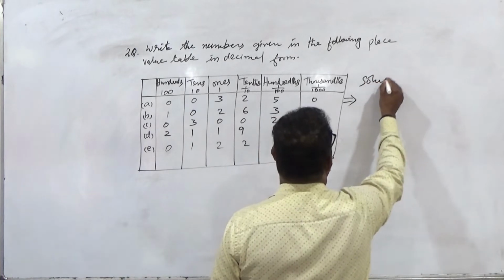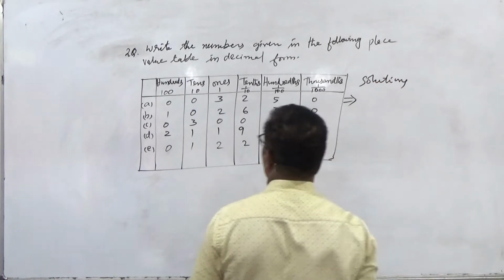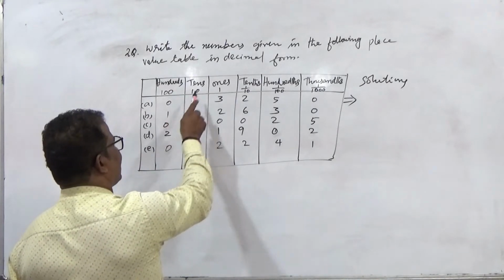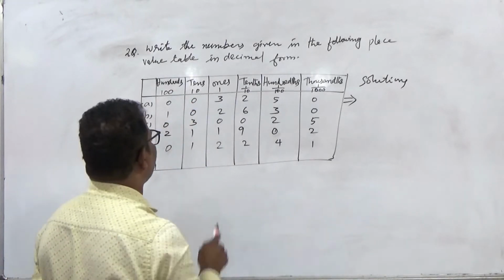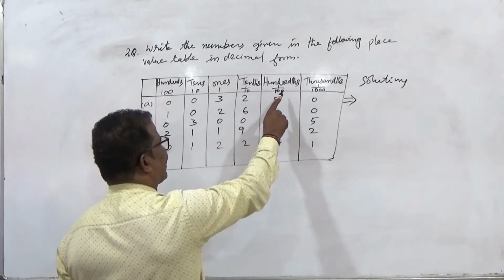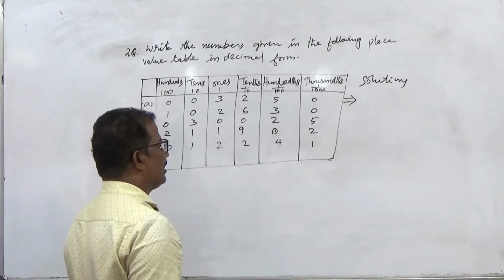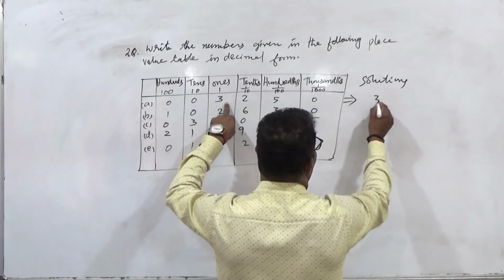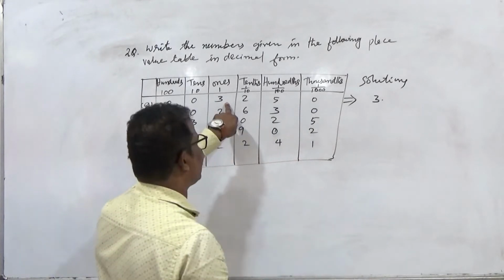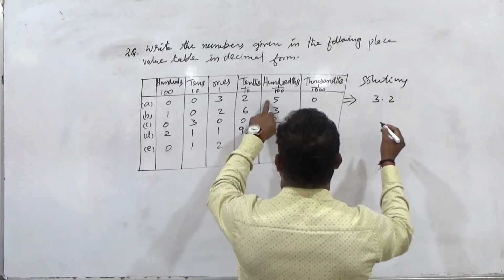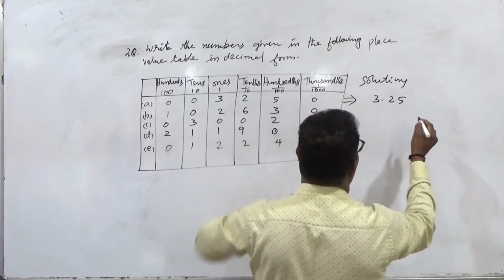So the solutions for A. Hundreds, nothing is there. Tens, nothing is there. Ones, 3 is there. After that the decimal places, that is tenths, hundredths, thousandths, are all decimal places. So in ones only how much is there? 3. Then after that the decimal point will start. Then in tenths 2 is there, then hundredths 5 is there, and thousandths, nothing is there.